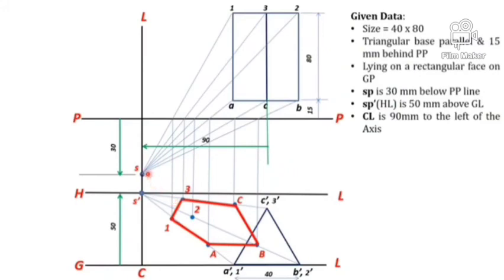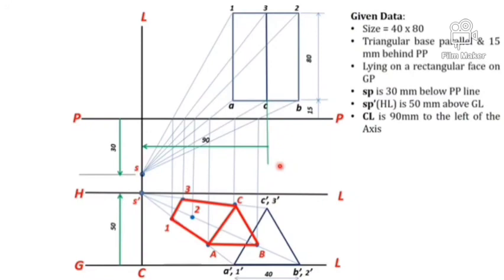The edge which is nearer to the station point in top view and also in front view will be visible. In this problem, AC is the edge nearer to the station point top view, and in front view also AC is nearer to S dash. So we can say AC is visible, so mark AC with a dark solid line.